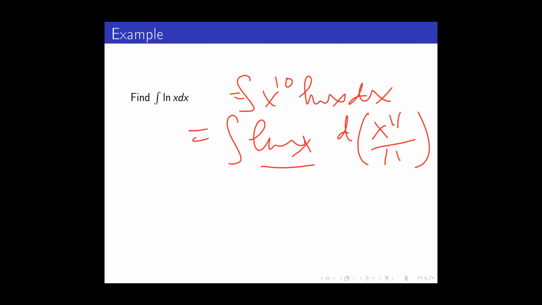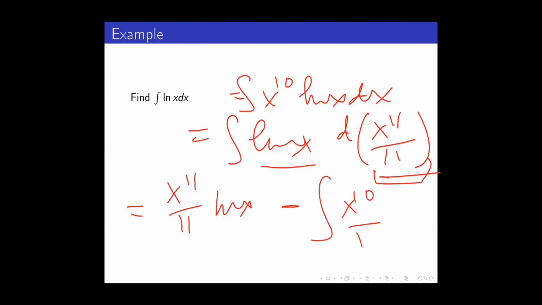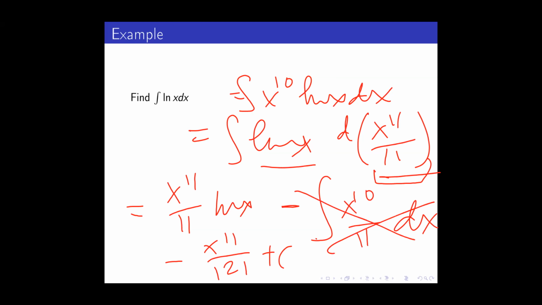So this is u and this is v, and so this is equal to x to the power 11 over 11 log x minus the integral of v du, where v is this and du is 1 over x. So what I get is x to the power 10 over 11 dx, and this is simply x to the power 11 over 121 plus C. So this is equal to this. Right. Okay, very good.